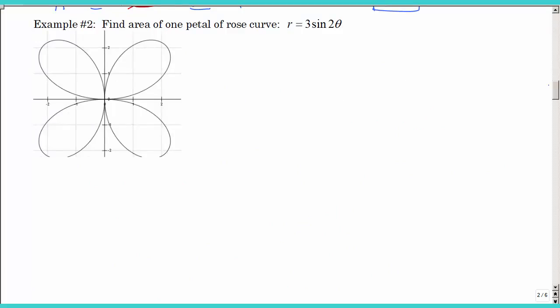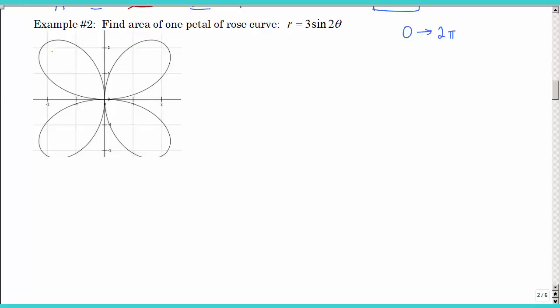How could you go about finding the area of one petal of the rose curve given here? Well, first of all, you need to make sure that if you are going to go from 0 to 2 pi, that traces out the curve only one time. You could verify that on a graphing calculator or some other calculator tool.